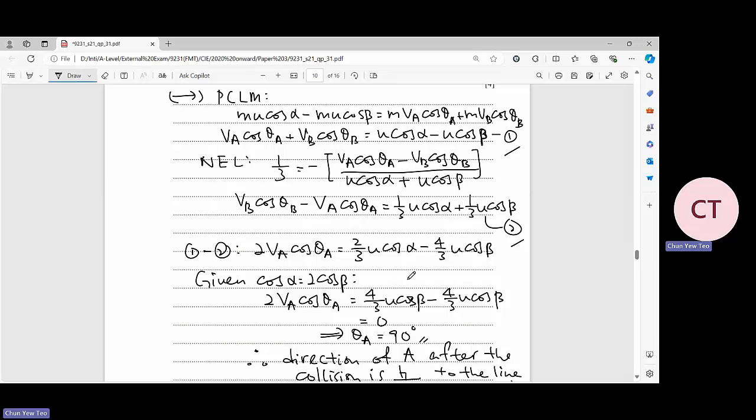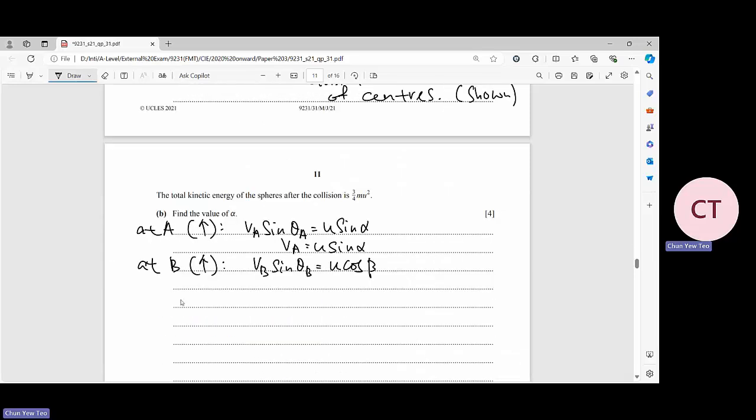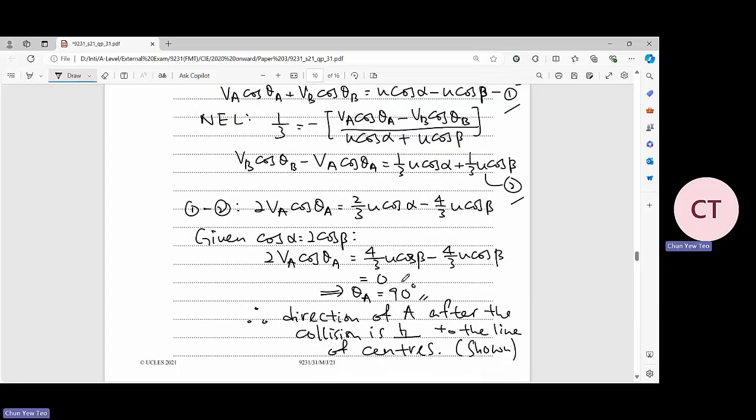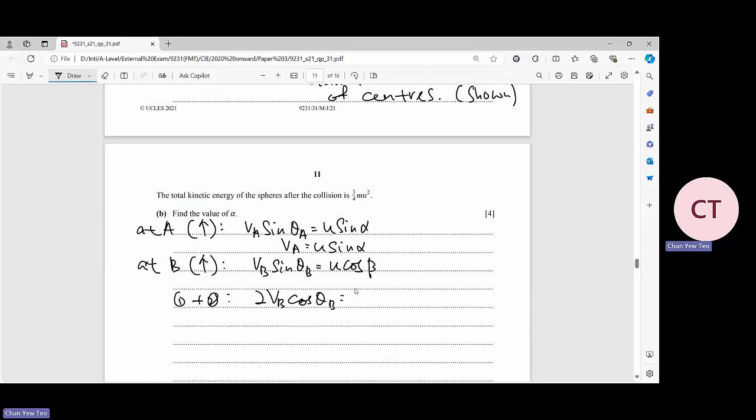We just take 1 plus 2. I get 2VB cos theta B, which will be 4/3U cos alpha minus 2/3U cos beta.